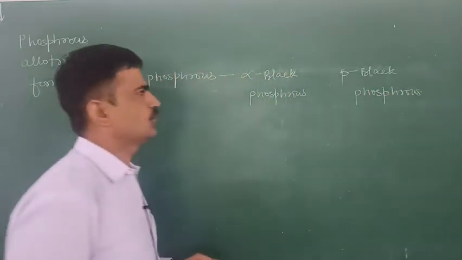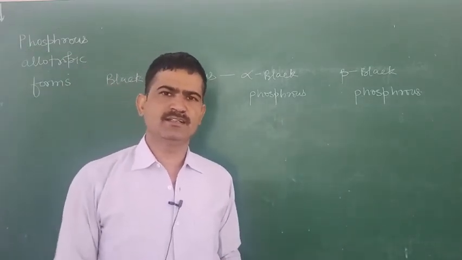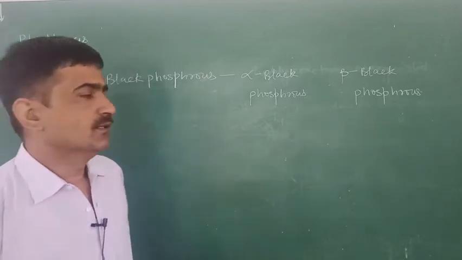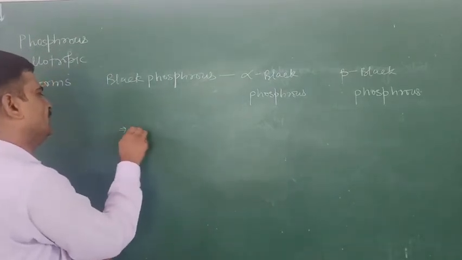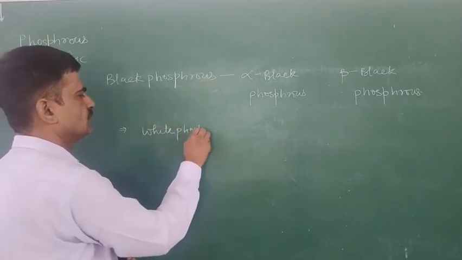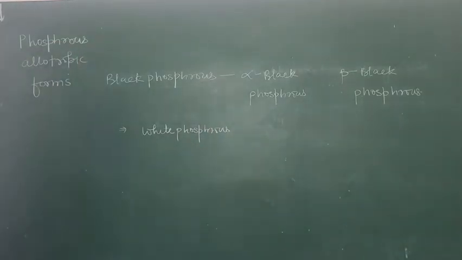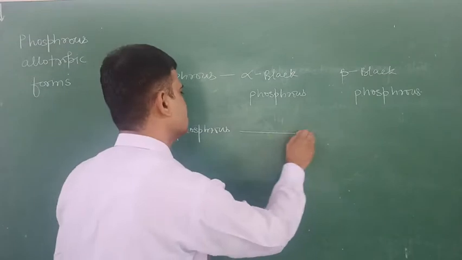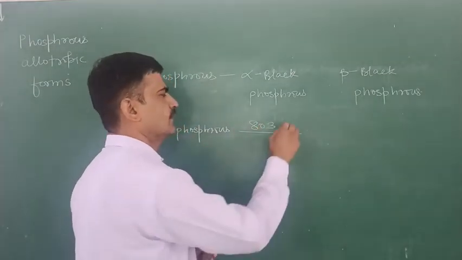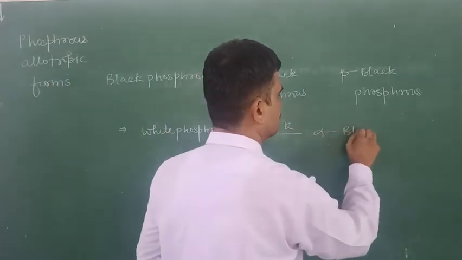It has closed ring type structures and it is a layered structure. This alpha black phosphorus is formed from white phosphorus, when the white phosphorus is heated at a temperature of 803 Kelvin in an inert environment, it changes to alpha black phosphorus.